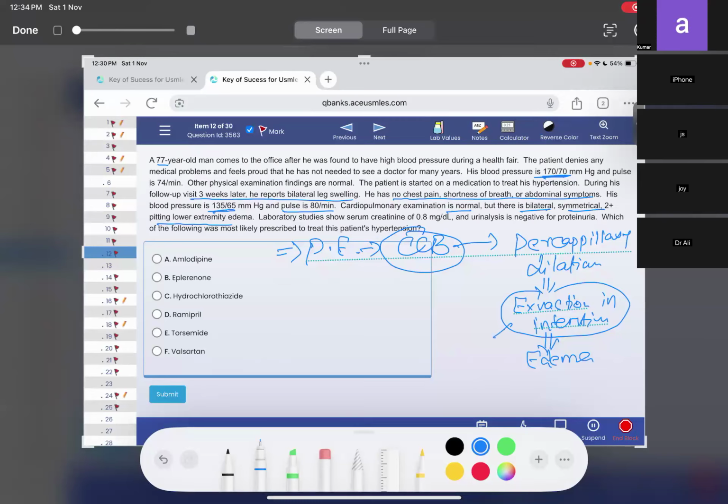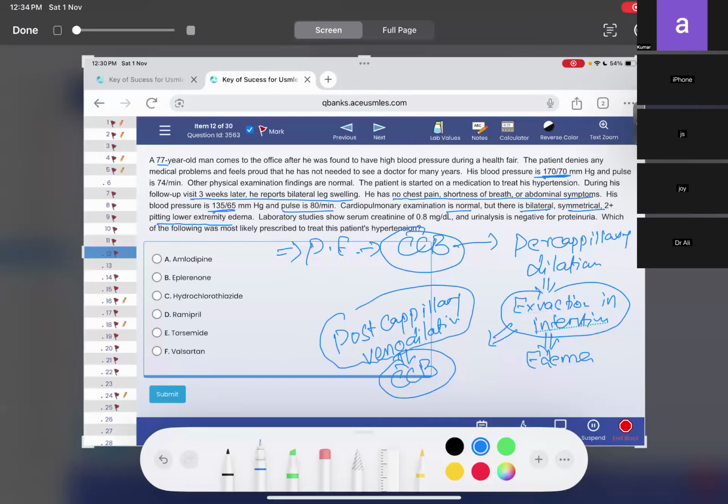On the other hand, there are some drugs that cause post-capillary venodilation that will decrease the side effect of calcium channel blocker. Can anybody name these drugs that cause post-capillary venodilation? Yes, doctor?